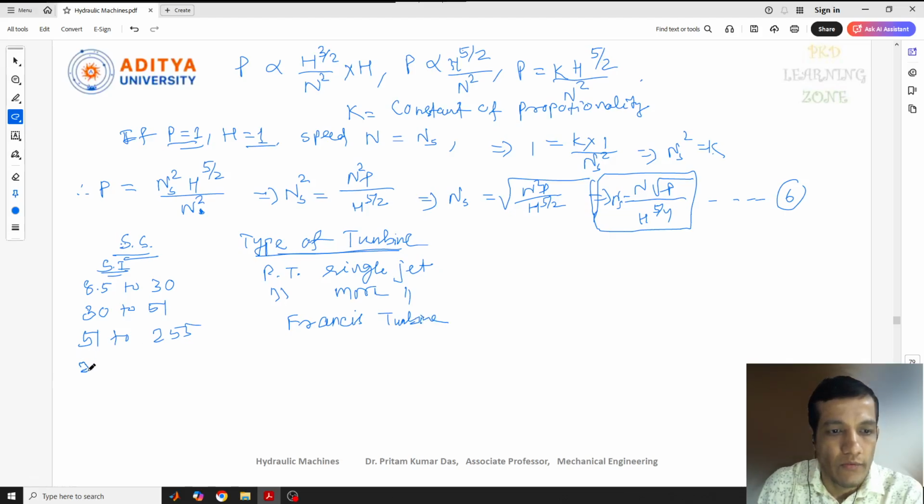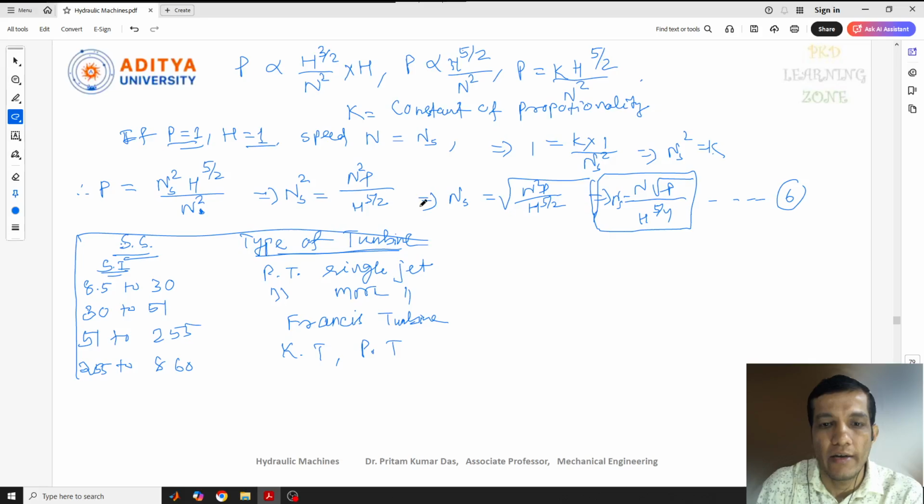Again, now if the value is 255 to 860, this will give a hint of Kaplan turbine, or we can say propeller turbine. So these are the values of specific speed to identify different types of turbines.